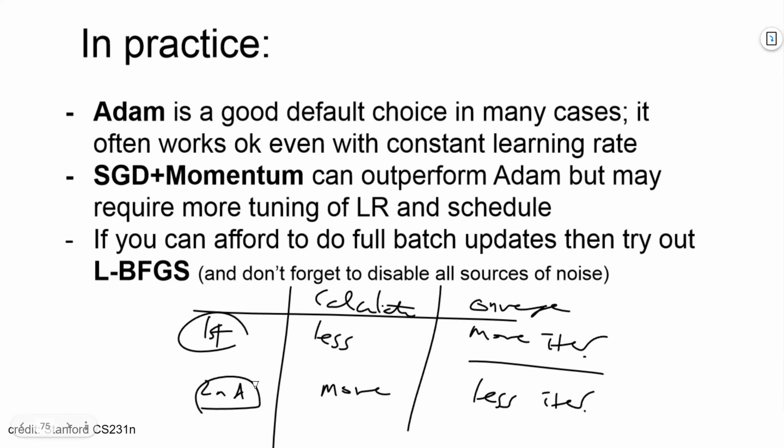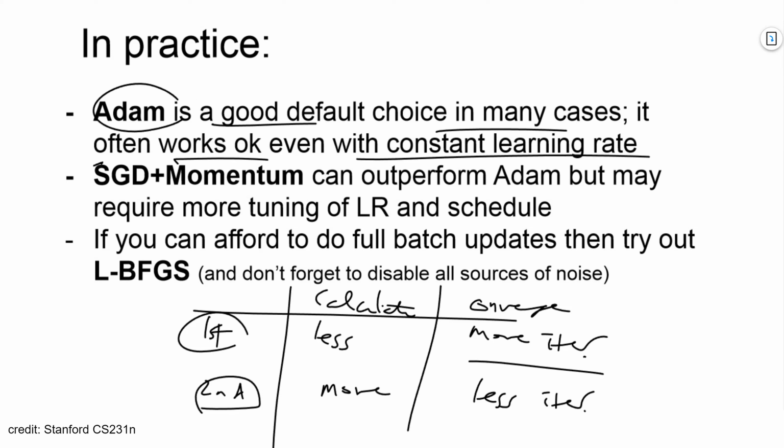And there are some controversies among researchers. Second order optimizations might not be superior to first order optimizations. They might be just equally good, but this is very controversial. Anyway, in practice, Adam is a good default choice in many cases, and it often works okay even with a constant learning rate.